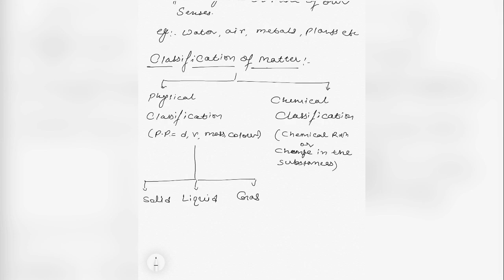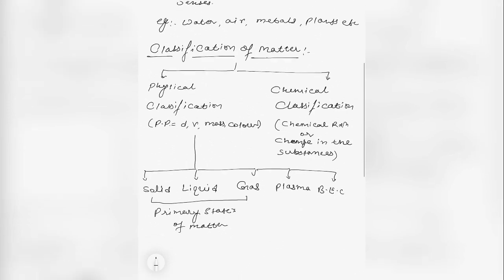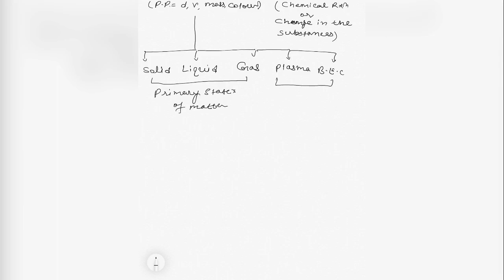If we talk about the secondary states, they are plasma and BEC. These three, solid, liquid, and gas, come in the primary states of matter, and these two are the secondary states of matter.